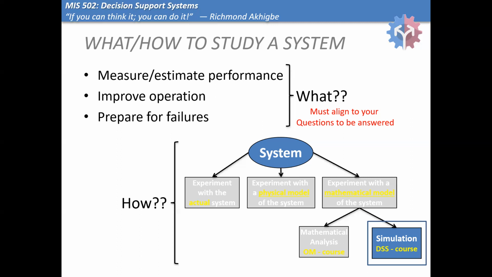We'd like to evaluate the performance based on that criteria, and after evaluation, we'd like to improve it by redesigning the system. What to improve again goes back to your criteria, right?